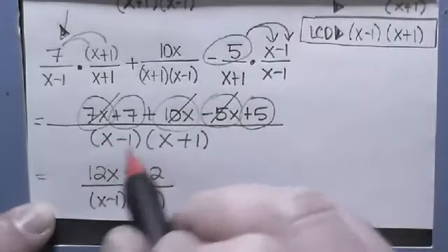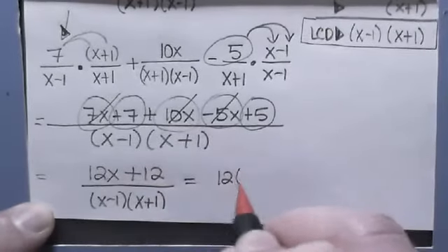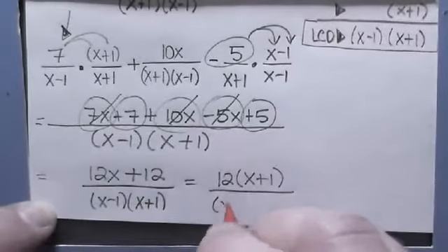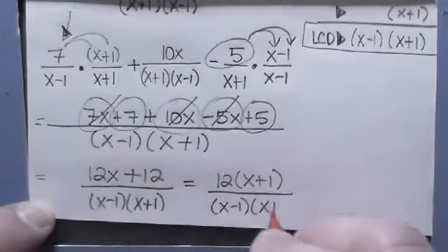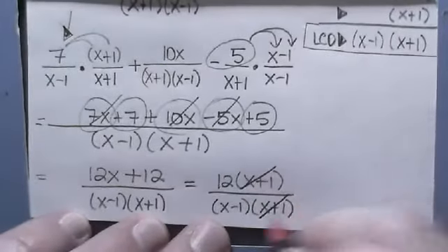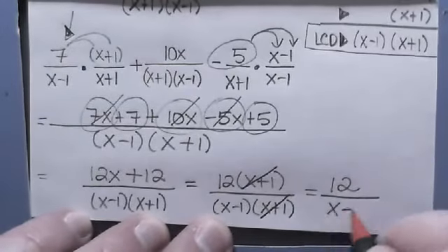Alright, now I notice that they both have 12, so that means I can factor out 12 here. So this would be 12 times x plus 1. And when you look at that, I think we'll be able to cancel somebody here. And we'll be able to cancel the x plus 1. So that means my answer is 12 over x minus 1.